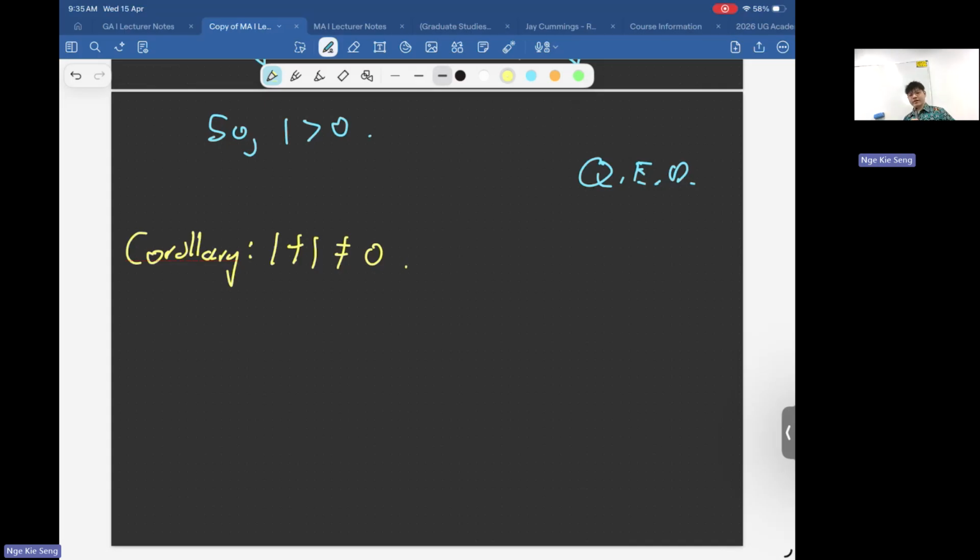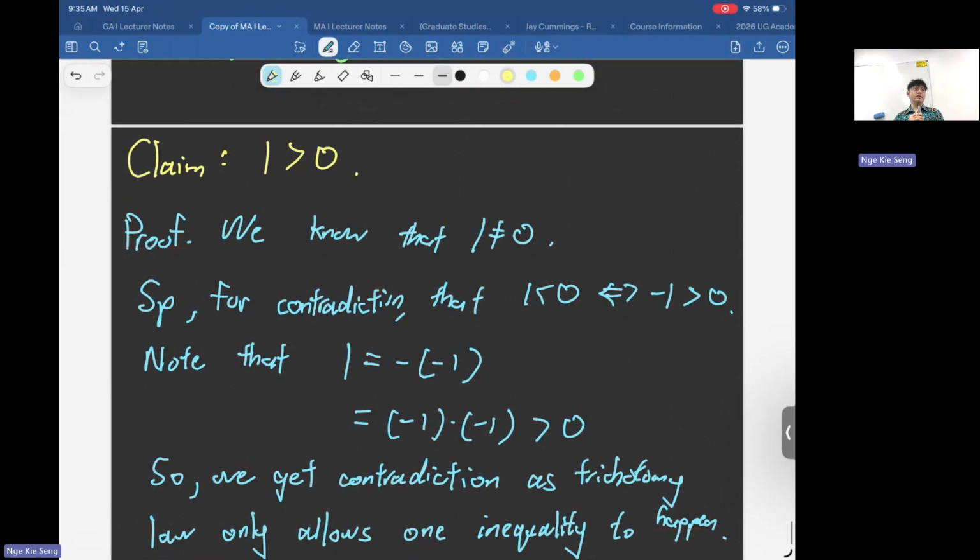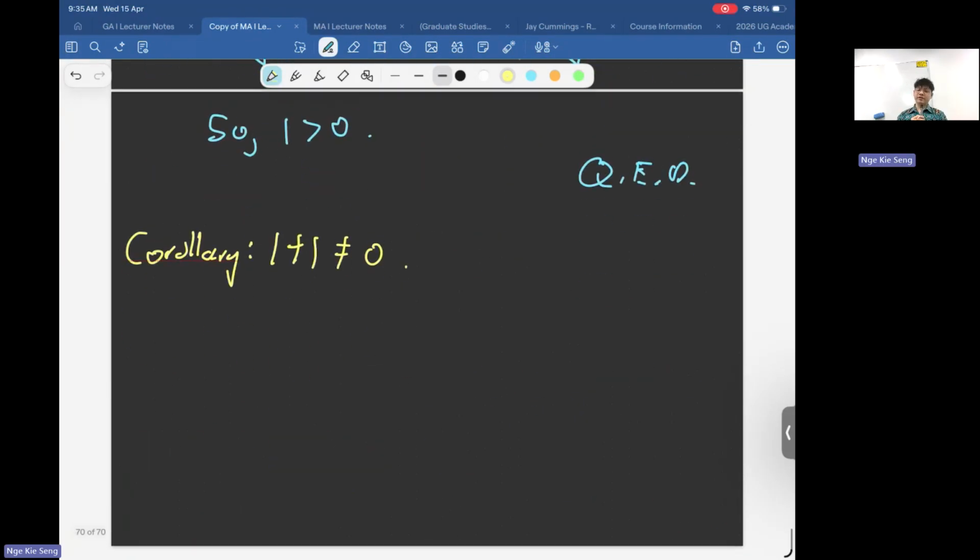So corollary: 1 plus 1 is not 0. How to prove it? We definitely need to use the fact that 1 is greater than 0. So how are we going to use it?